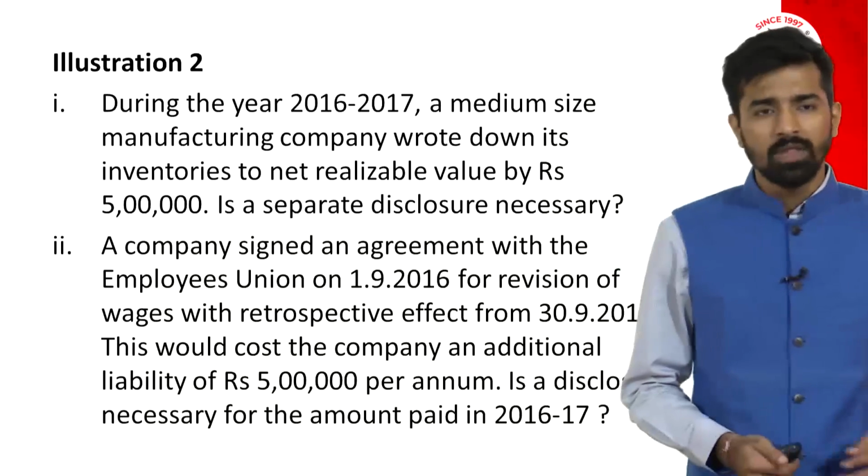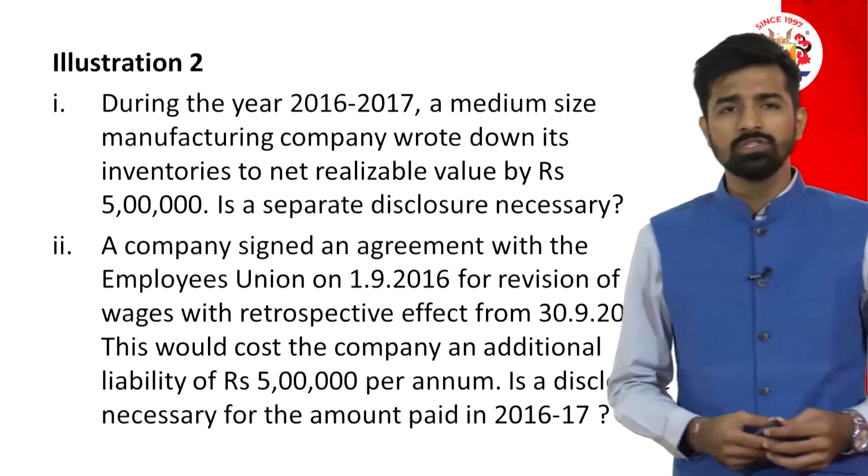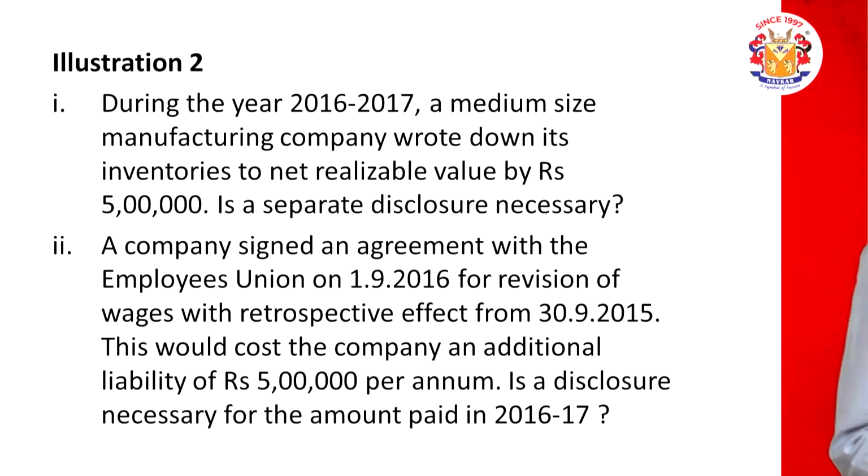The second question: a company signed an agreement with the employees union on 1st September 2016 for revision of wages with retrospective effect from 30th September 2015. So from 30th September 2015, there was a retrospective effect of wages. This would cost the company an additional liability of rupees 5 lakh per annum.